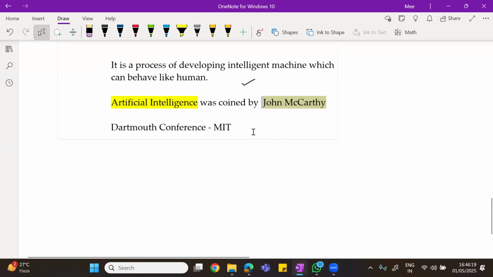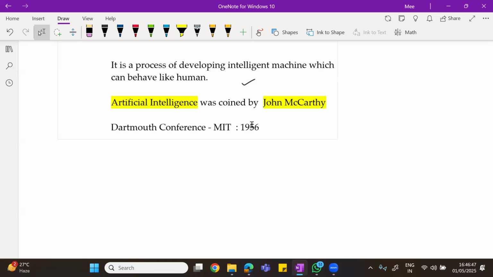Now, which year did it happen? It happened in the year 1956. Yes, it is 1956, which is exactly 70 years ago. Now, some of you who know about that will not be surprised. The people who don't know will be literally surprised. They will say that it is hard to believe. Yes, that is true.